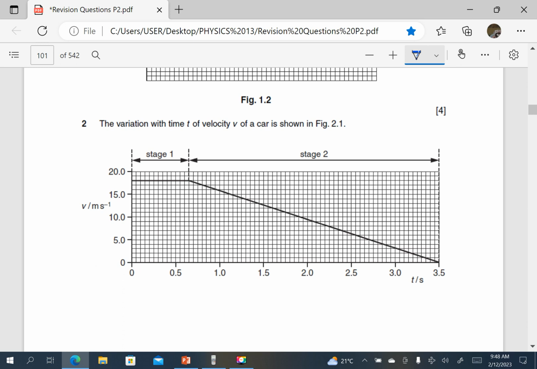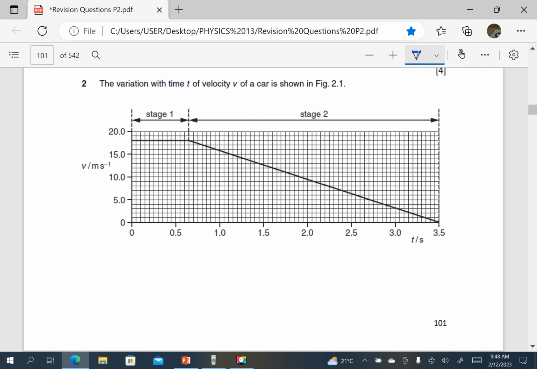The variation with time t of the velocity v of a car is shown in the figure. So that is our figure. We can have a look at it.